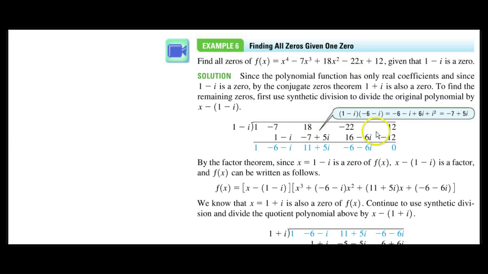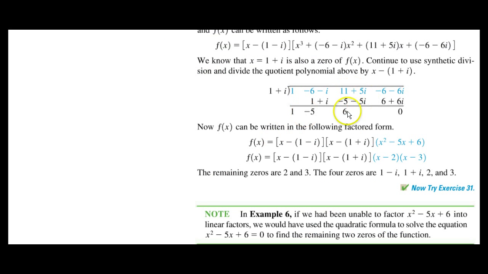And we leave lots of places because that was one we had in an earlier lesson, and we end up with this. Now, by the factor theorem, since this is one of our factors, you can then write it this way, and get some additional synthetic division where this is again a 0.